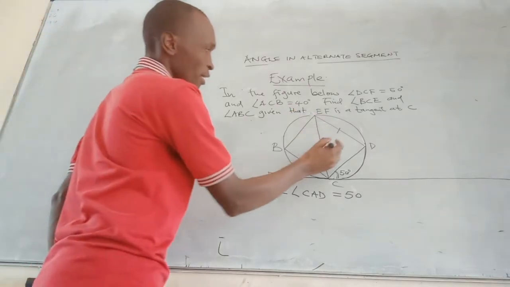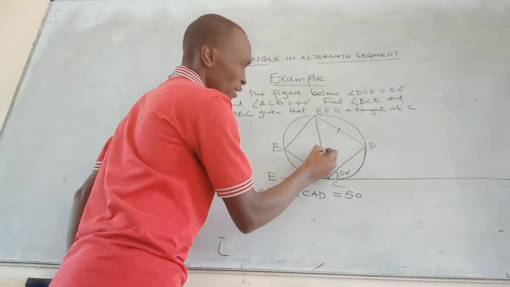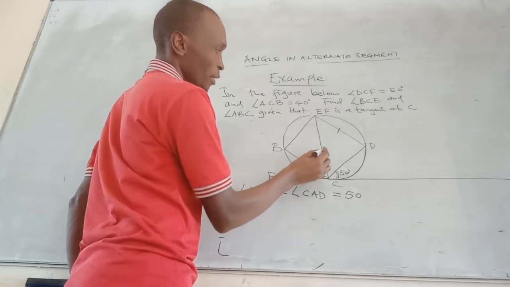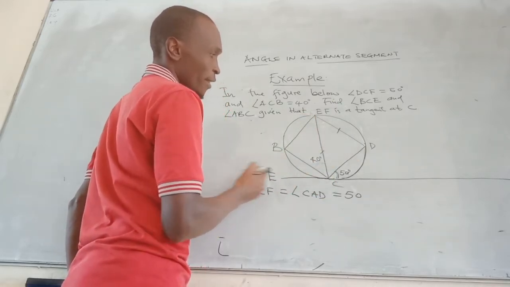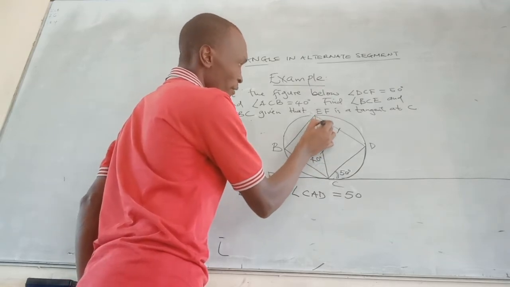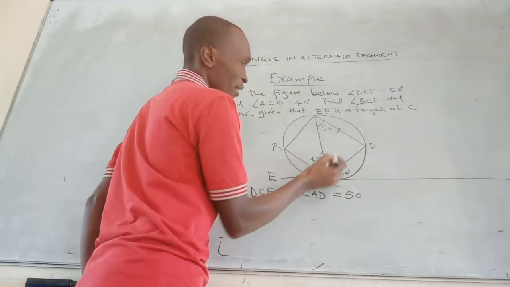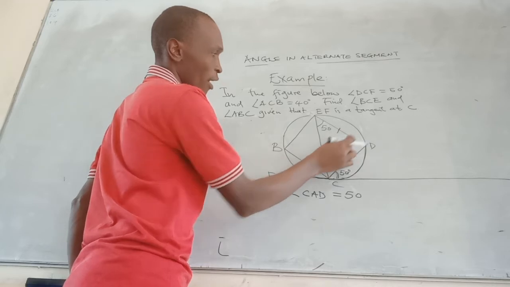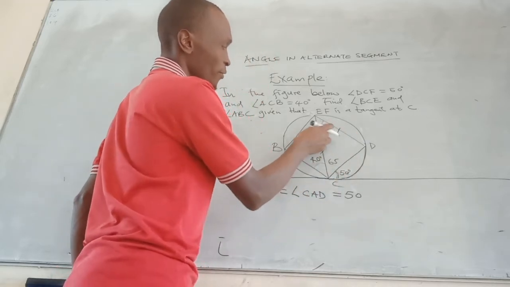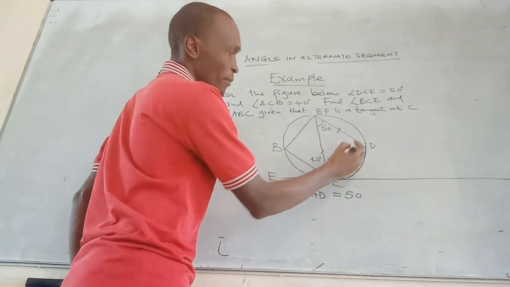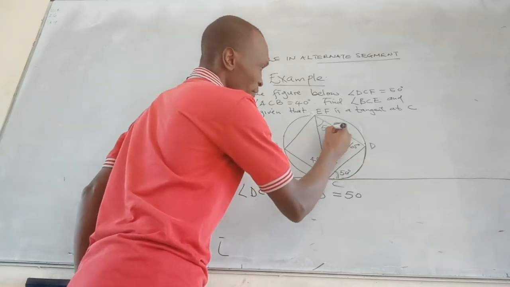Then, because AC equals AD, this is an isosceles triangle, so if we have this as 50 degrees, this is going to be 65 degrees. That is, you subtract 50 from 180, then you divide by 2, and you get 65 degrees.